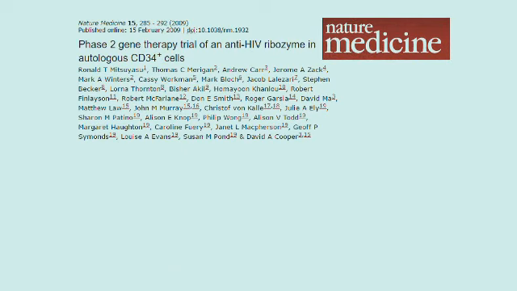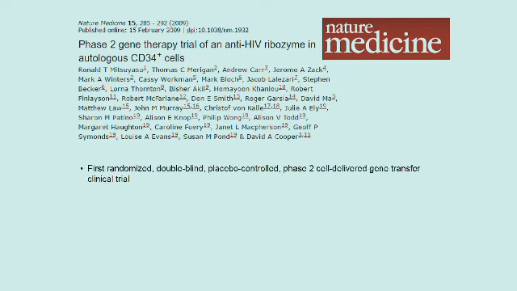So I want to go back in time a little bit and mention this study that was significant for being the first randomized, double-blind, placebo-controlled phase 2 cell-delivered gene transfer trial.